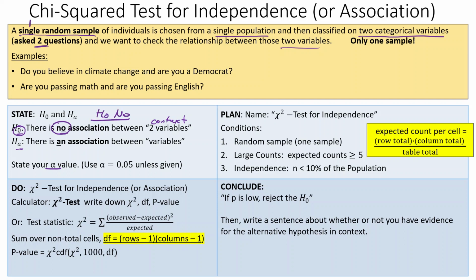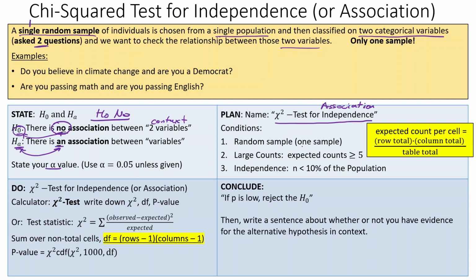Ho, no association. Ha, and. They both have the A there. Ho is no association. Ha is an association. This is the chi-squared test for independence, or you could say chi-squared test for association. Either one of those is perfectly fine.